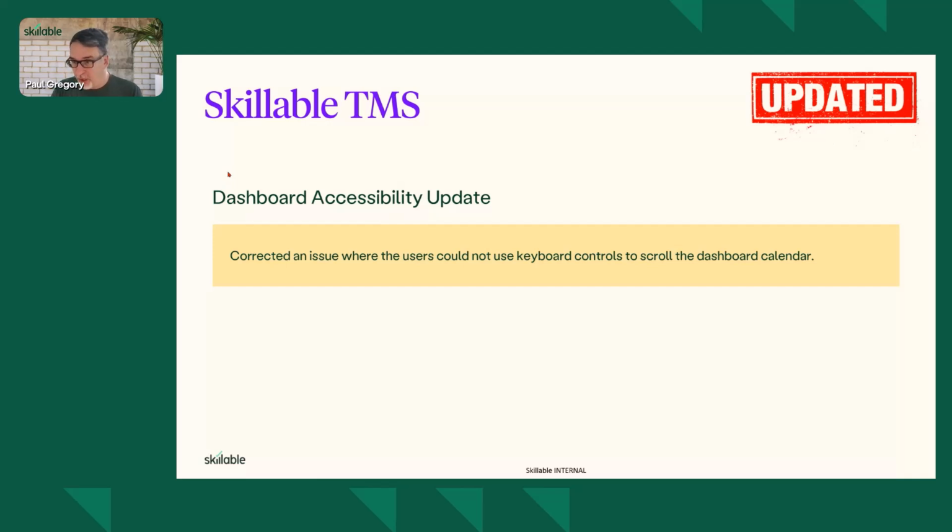On the right-hand side, there's a little calendar, and people can see what training they've got coming up, what training they've done, if it's in progress, that sort of stuff. And effectively, you couldn't use your keyboard to get over there. It only worked with the mouse. So that's been fixed. So that calendar control is now available via keyboard for those accessibility scenarios. So that was the update we made as far as the Skillable training management system is concerned.